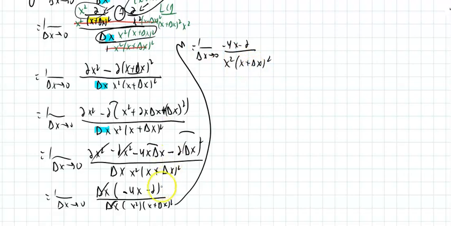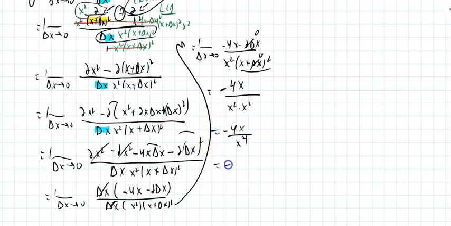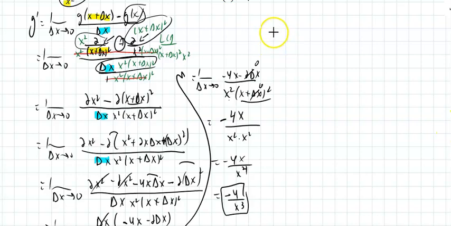Oh yeah. When I factored, that should have had a delta x left, right? Yeah. When I let delta x equal 0, that will be 0, that will be 0. You're left with negative 4x over x squared, and wouldn't that be x squared? And there it is. And that's the slope of the tangent.